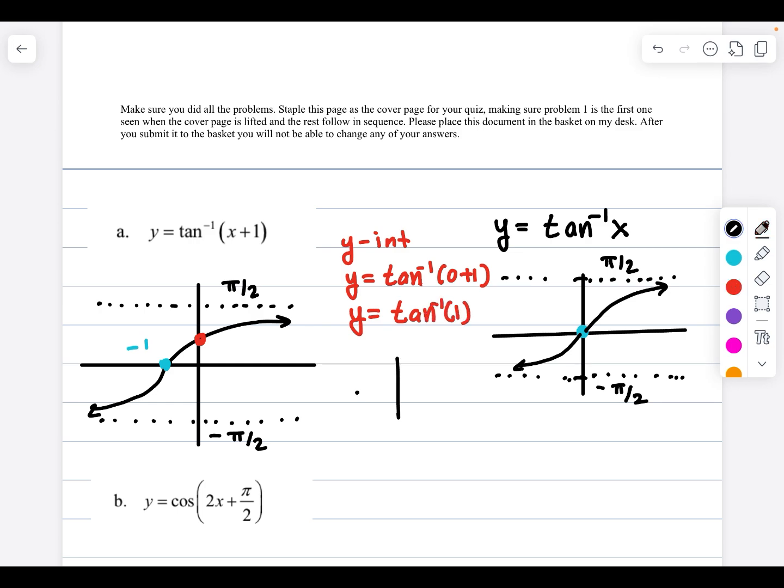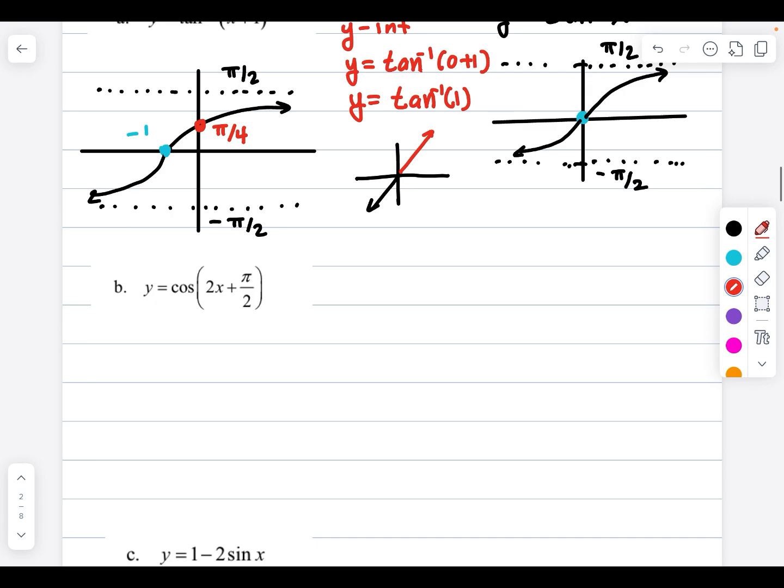So when I see arctangent, I'm thinking the output will be an angle for sure, but tangent, I'm thinking slope. And the slope of the angle is going to be 1. So the outputs of arctangent have to be between negative pi over 2 and pi over 2. So this answer here, this y-intercept, will be pi over 4.